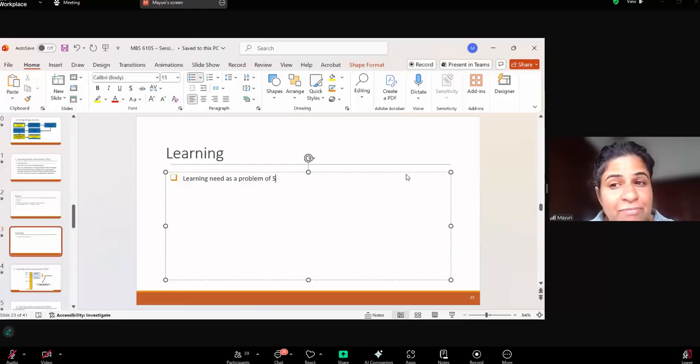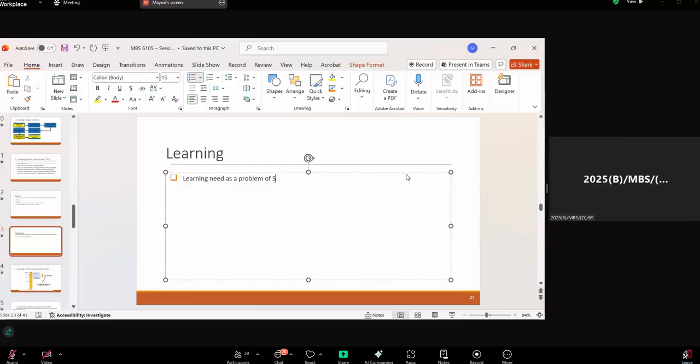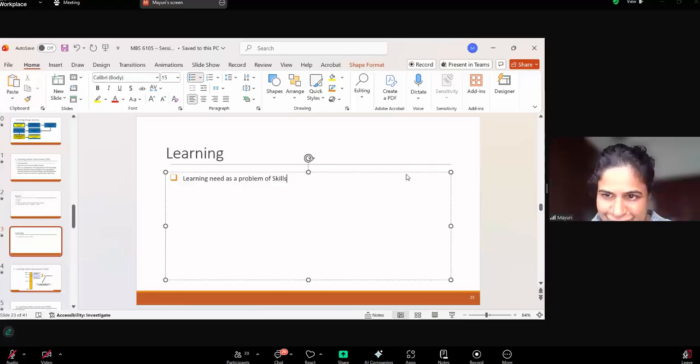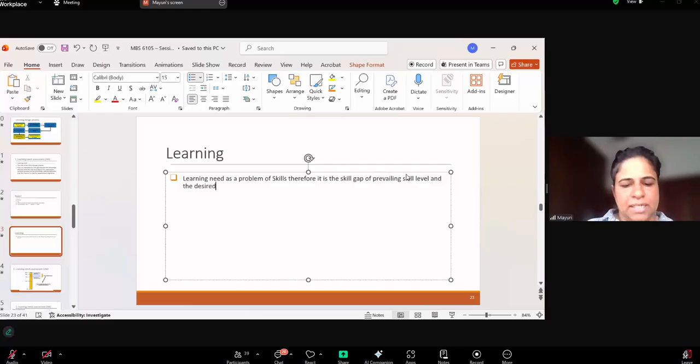Problem of skills. Very good. Problem of skills, right? Therefore, it is the gap of skill, the gap between the actual prevailing skill level and the desired skills expectations.